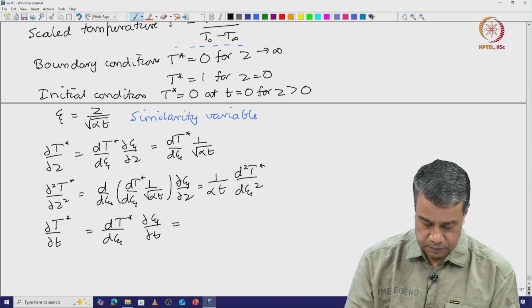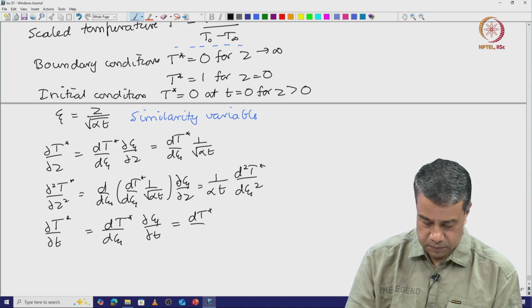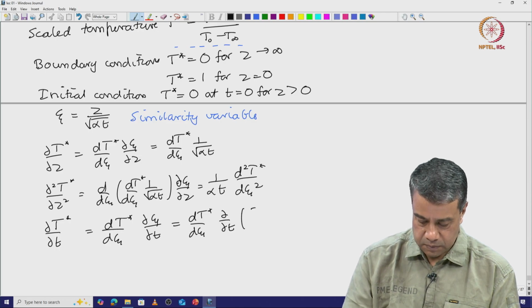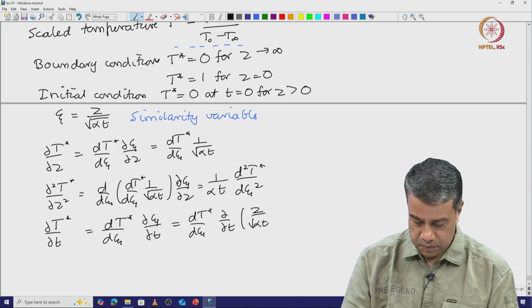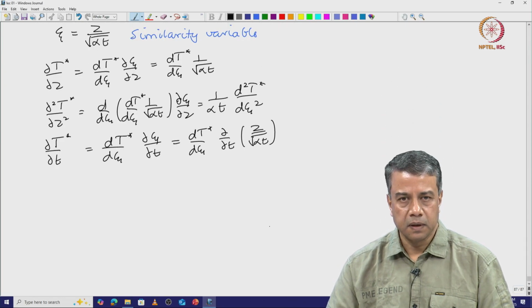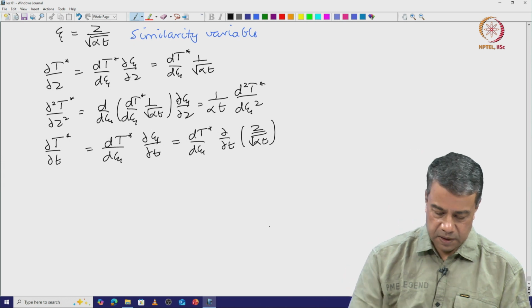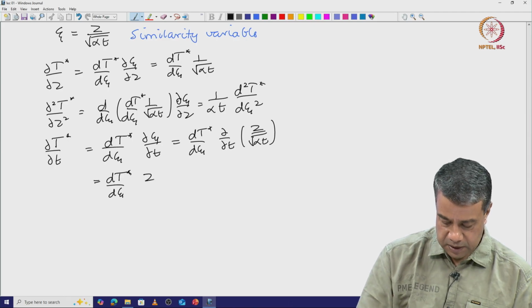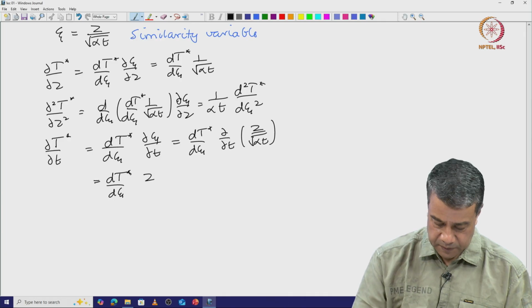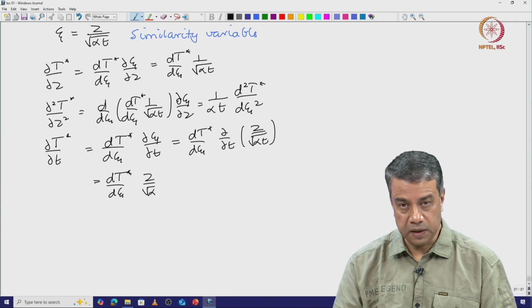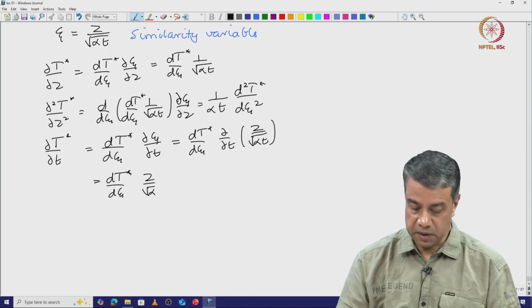Differentiating by chain rule, dT by d psi into z by root alpha into the derivative of 1 over root t, which is minus 1 by 2 t power 3 by 2.